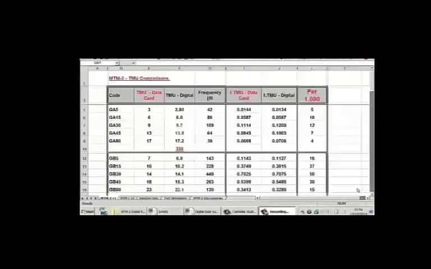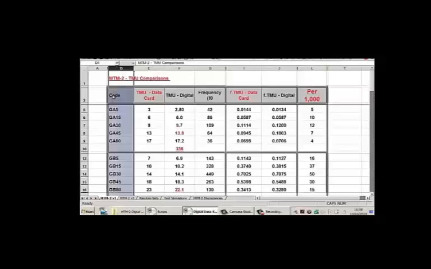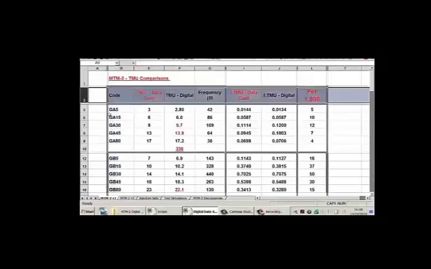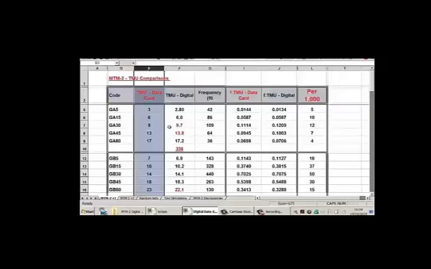Before moving on to look at random simulations, we should first look at this summary of the digital calculations for MTM-2. All 39 codes for MTM-2 are shown in this left-hand column. Going across the other columns, in the second column we have the data card TMU values.